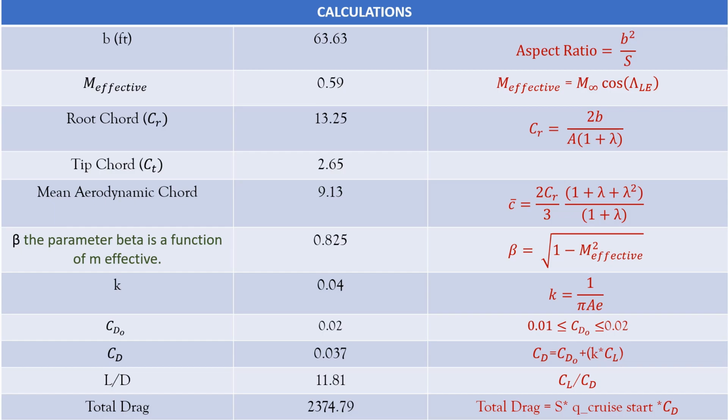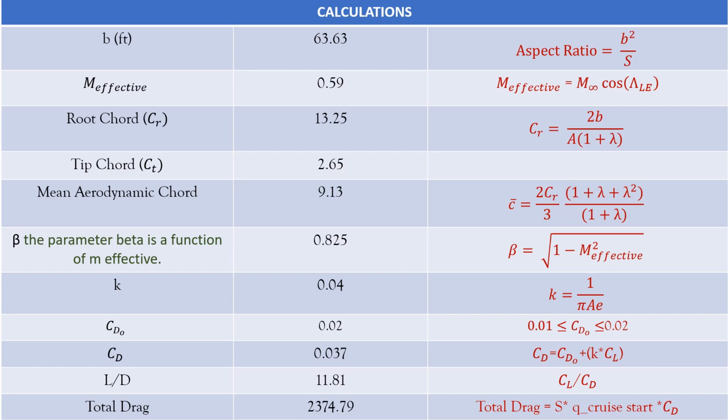Here, the leading edge sweep angle, LE, is determined to be 10 degrees, set so that the effective Mach number at the leading edge would be slightly subsonic. This was verified in the calculation portion of the spreadsheet where M effective was found to be 0.59.